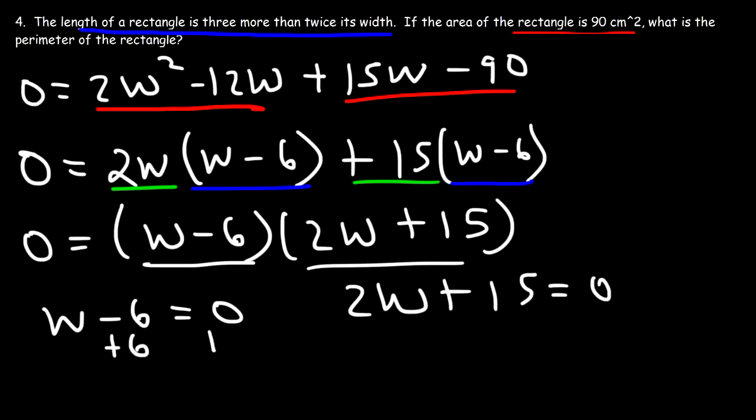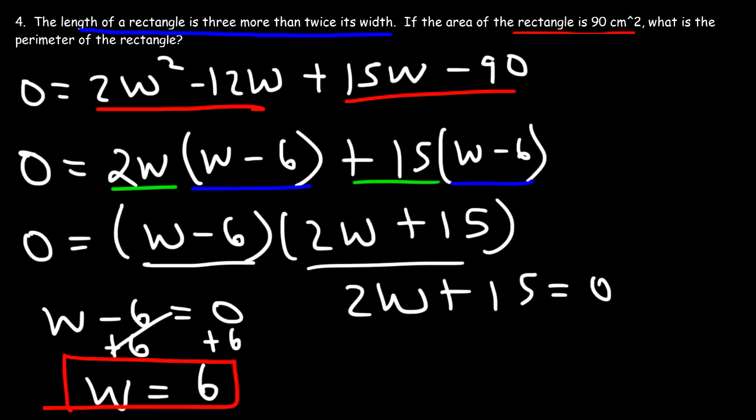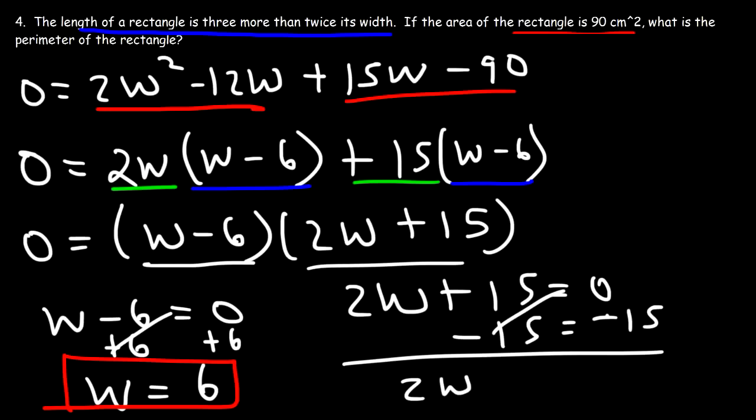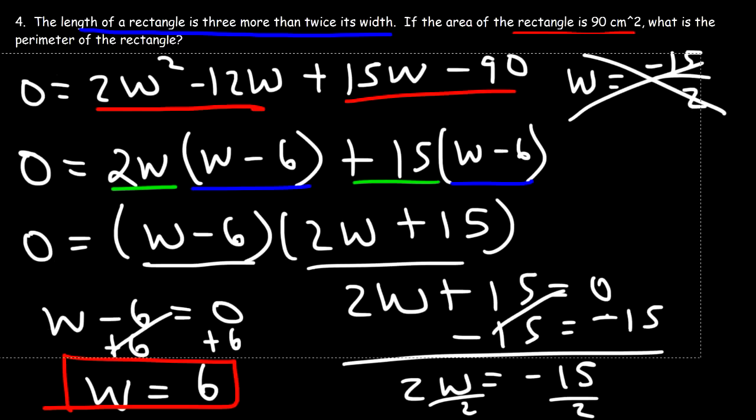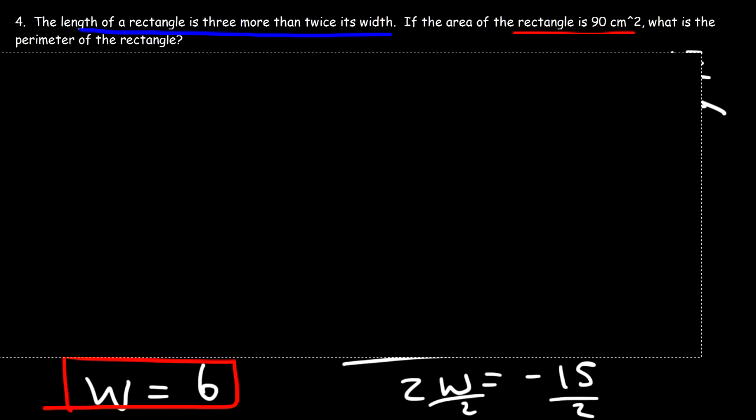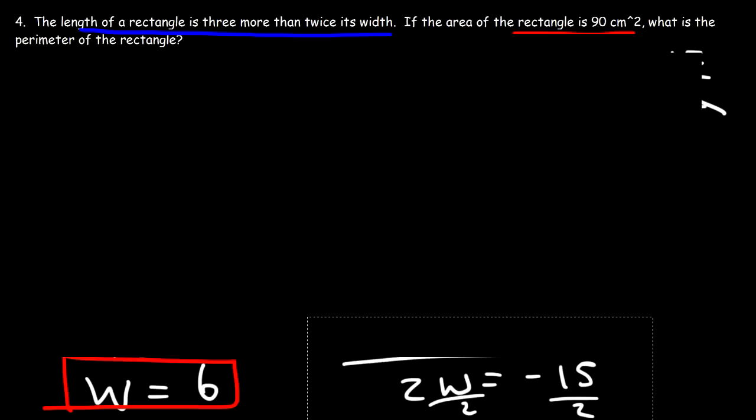Here we need to add 6 to both sides. So we get this answer, w is equal to 6. And for the other one, first we need to subtract 15 from both sides. So 2w is equal to negative 15, and then we can divide by 2. So we get a negative answer for w, which we're not going to use. Real-life objects tend to have positive side lengths.